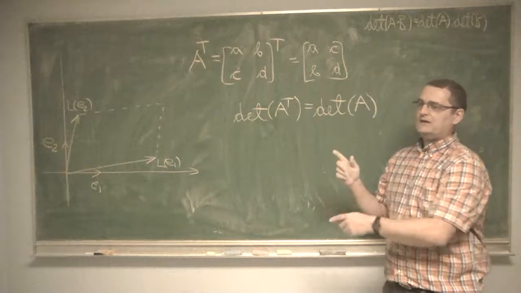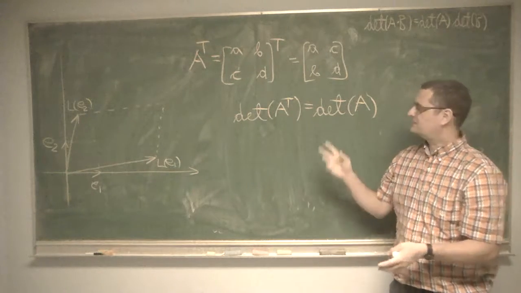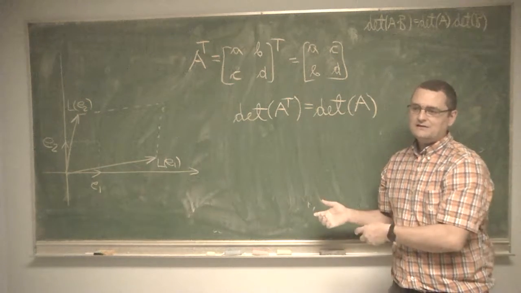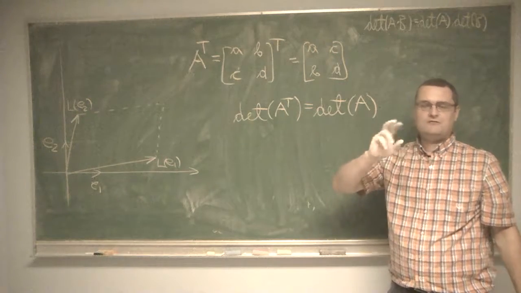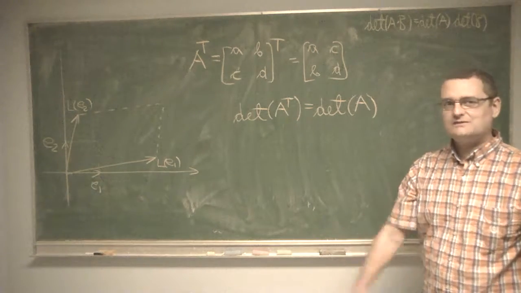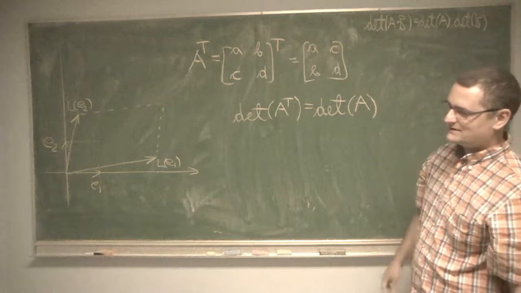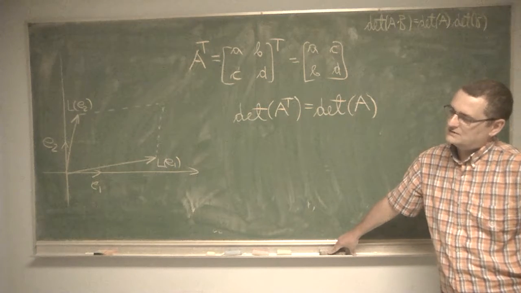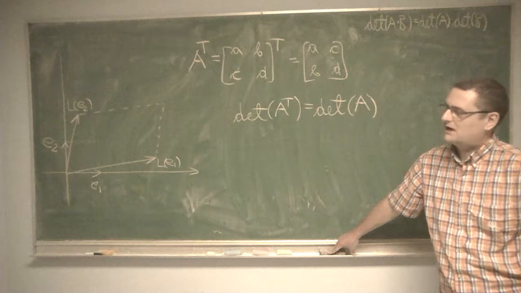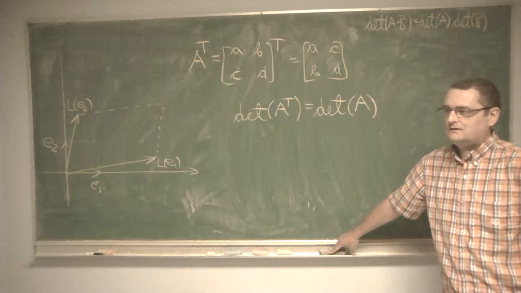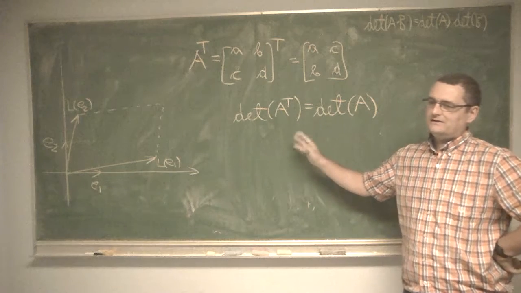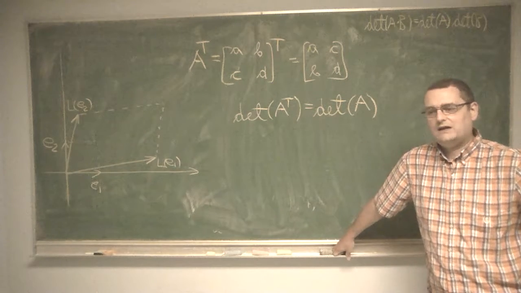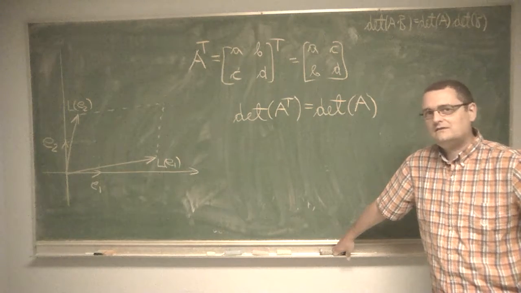So if I swap the first and second column and see how the determinant changes, then the change of determinant under swapping the first and second row is the same. Similarly, multiplying a column by some factor, whatever change happens, is the same effect as multiplying a row by the factor.